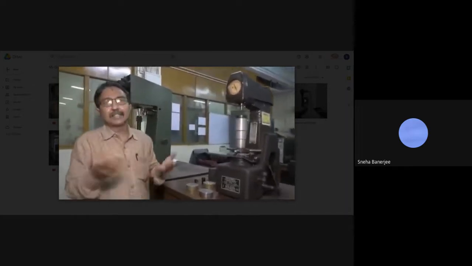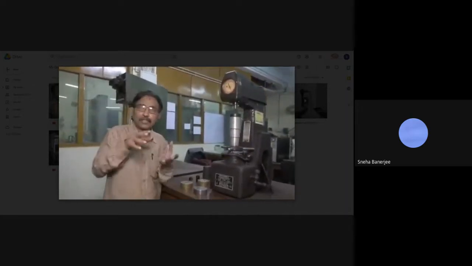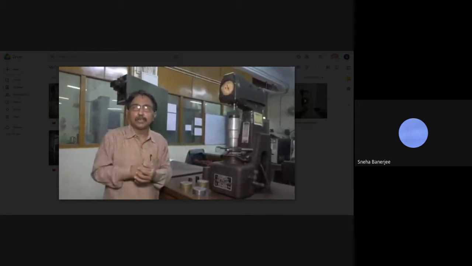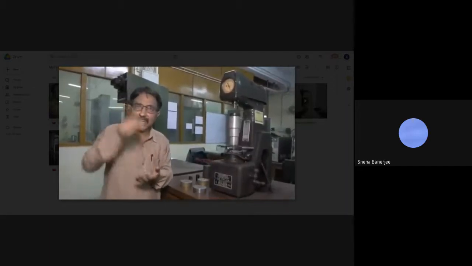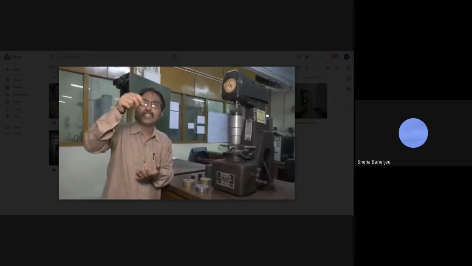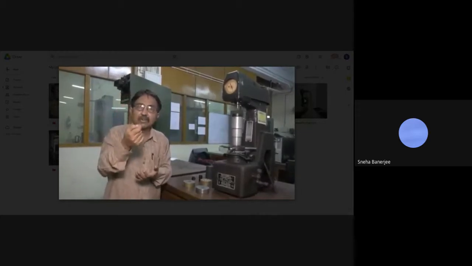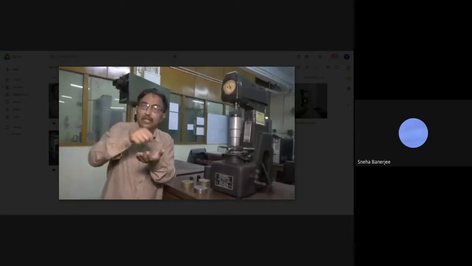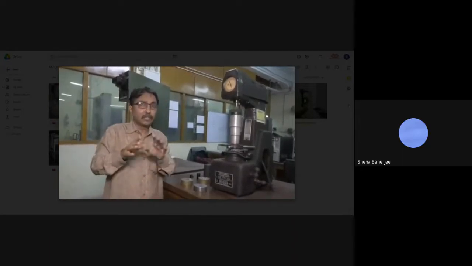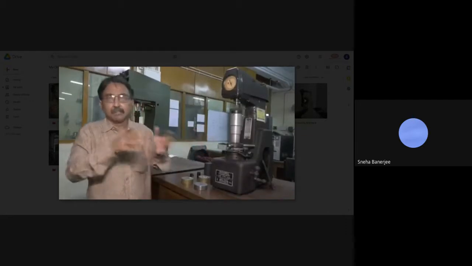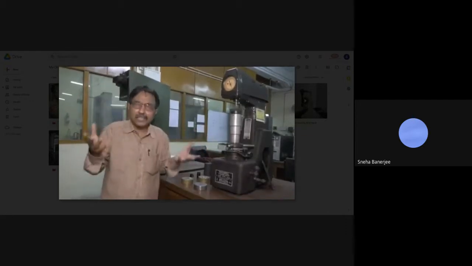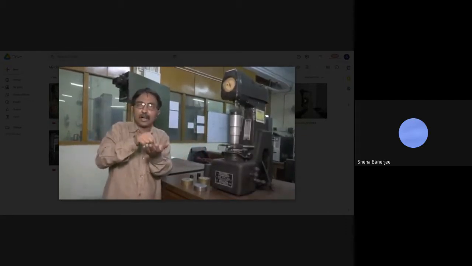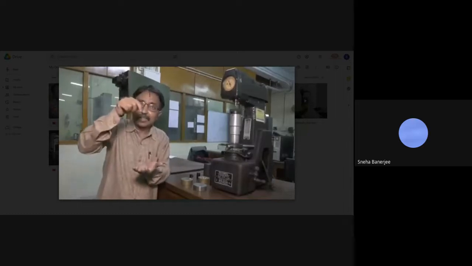Say, for the B scale, if I go for the B scale, we are going to use a hardened steel ball. Its dimension is very small, 1 by 16th inch diameter. Hardened steel ball means it is already hardened, maybe by carbonizing, by nitriding, by cyaniding, or by some other method. It is already a hard ball. That is the penetrator.